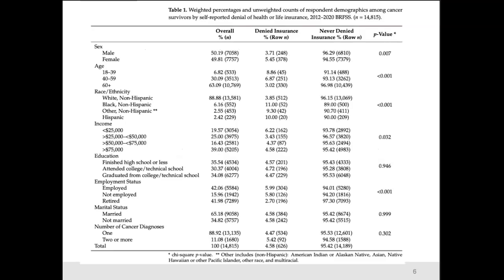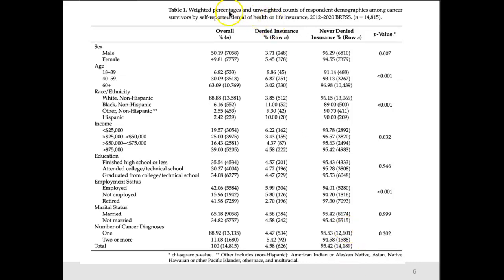So this is the table 1 from the example paper that I have provided. And again, your table 1 is going to want to include the descriptive statistics of the participants in your research study. So in this particular table, this is essentially the characteristics of all of the people that we have included in this research study.